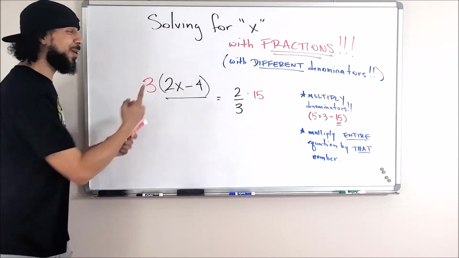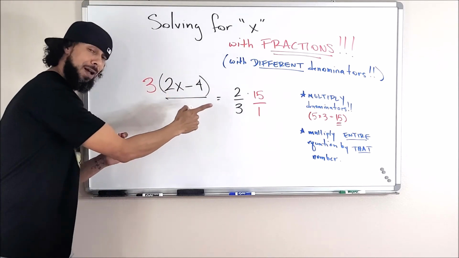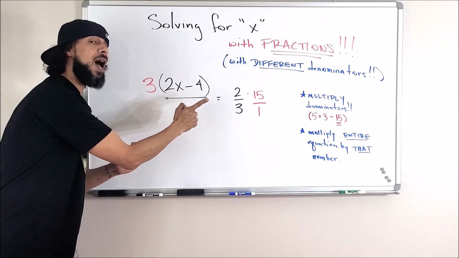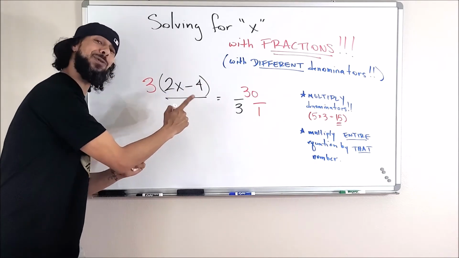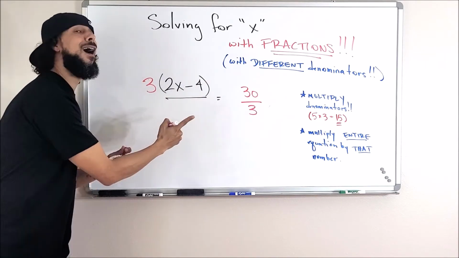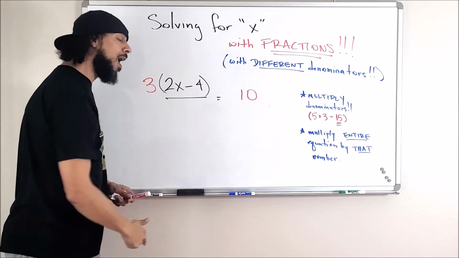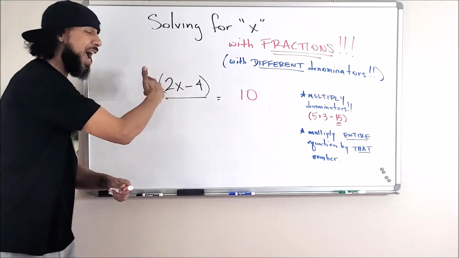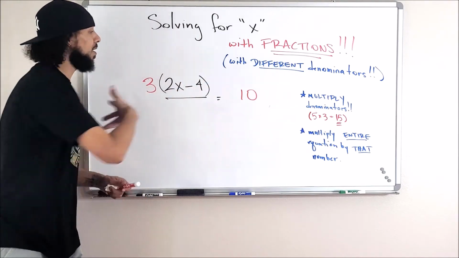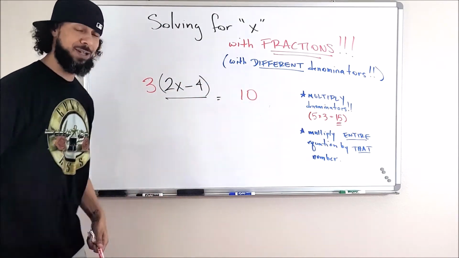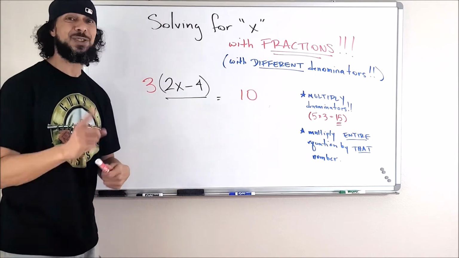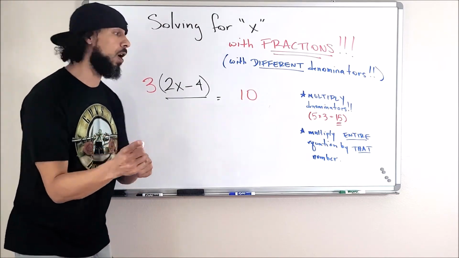On the other side, 2 times 15 up top and 3 times 1 on the bottom, and 30 divided by 3 is 10. Now I can just distribute this 3 and solve. No fractions.